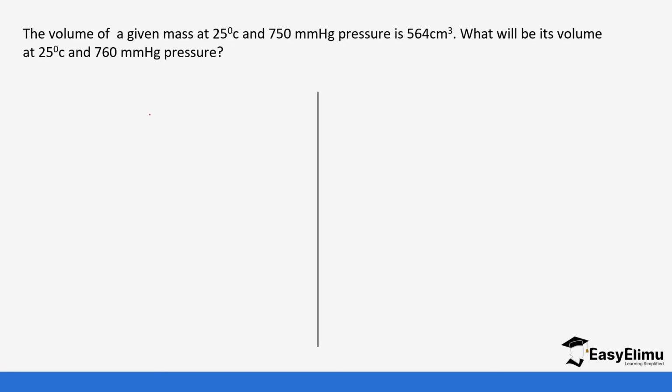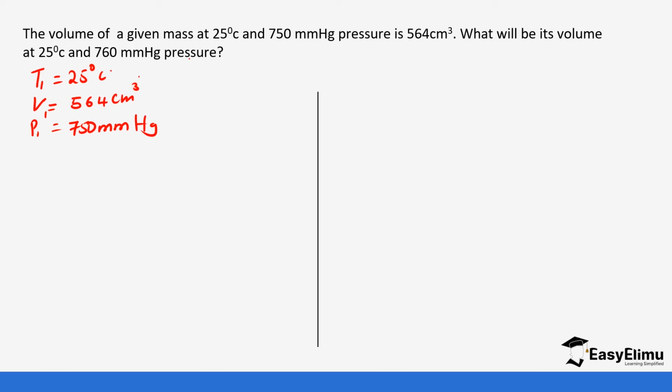The volume of a given mass at 25 degrees Celsius, so temperature 1 is 25 degrees Celsius, and the pressure 1 is 750 mmHg. So pressure 1 is 750 and volume 1 is 564 centimeters cubed.